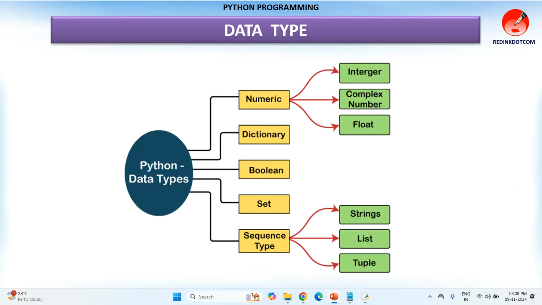Let's see the overview of different data types. Numbers can be mentioned as integer, floating point, or complex numbers. These values come under the numeric data type, and collections of characters are represented as strings. Collections of different data types can be used through either a list or a tuple.